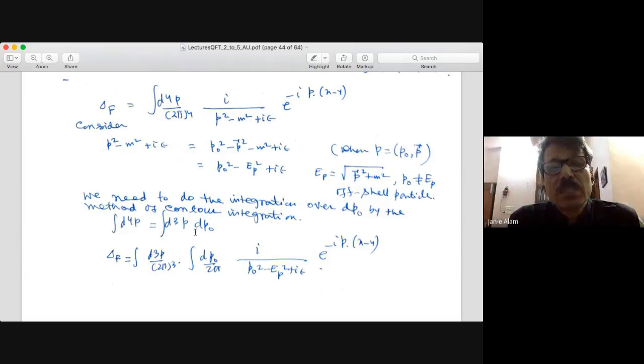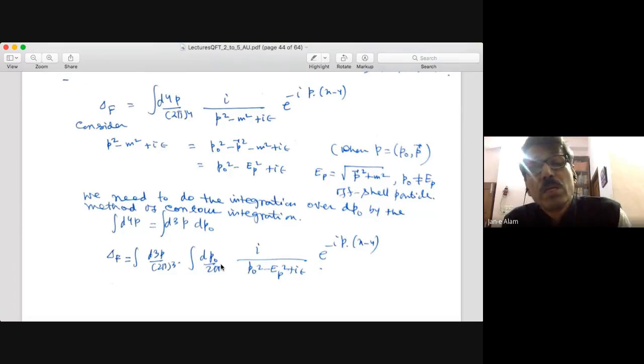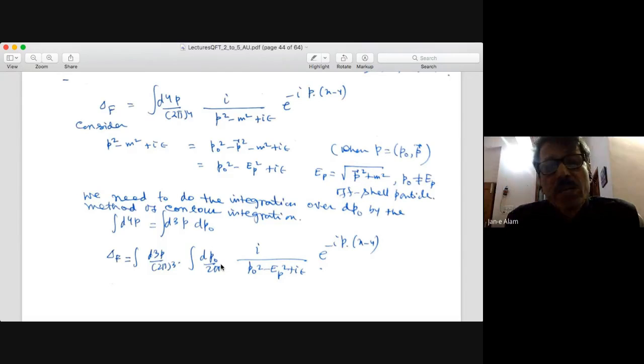This dp0 integration I will do using the technique of contour integration, which we all know from the mathematical physics course. You have done a similar exercise when you calculated the Green's function for the Maxwell equations in your classical electrodynamics course. This is parallel to that.